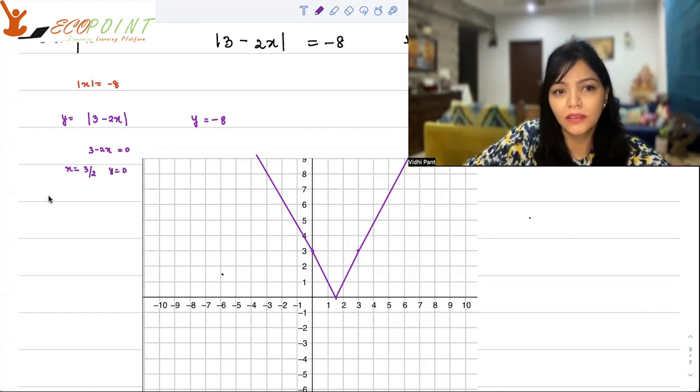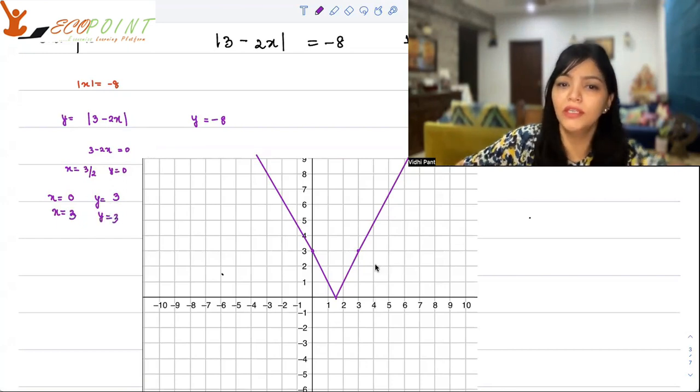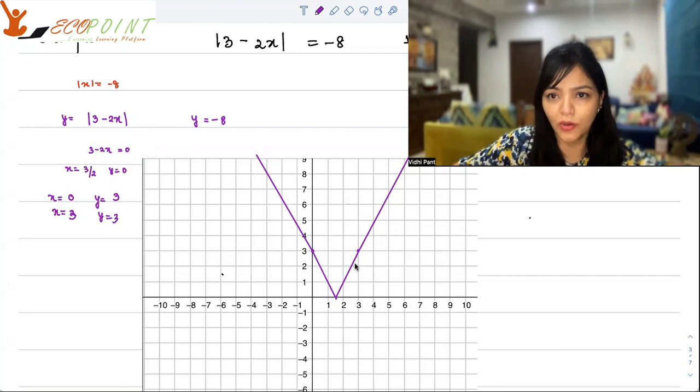When x is 0, y is equal to 3. And when x is 3, then also y is equal to 3. So this is what mod of 3 minus 2x will look like on the graph.